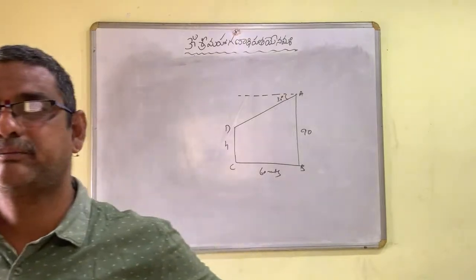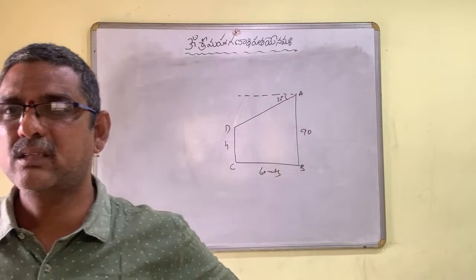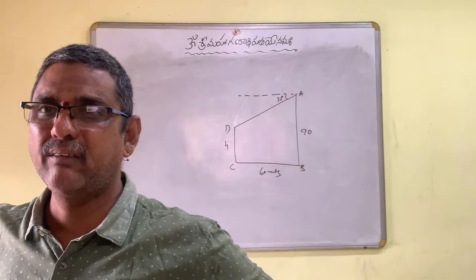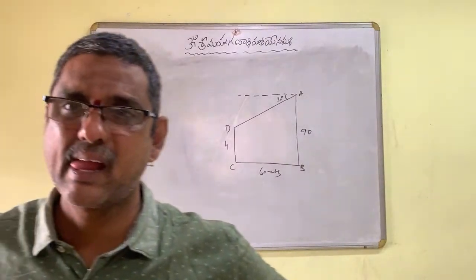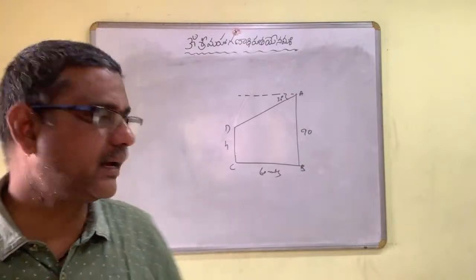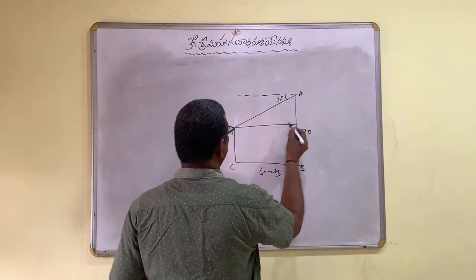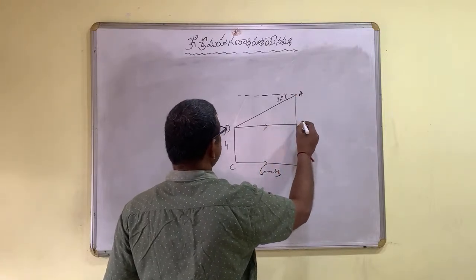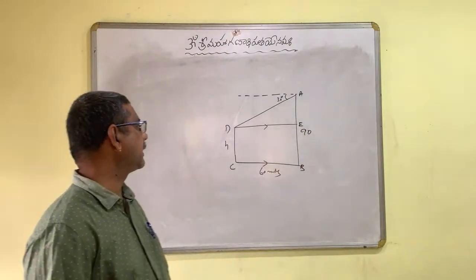What to do now? Construct a line parallel to the line of sight from the top of the first tower. Here we need to draw a line parallel to BC, intersecting AB at E. Okay.